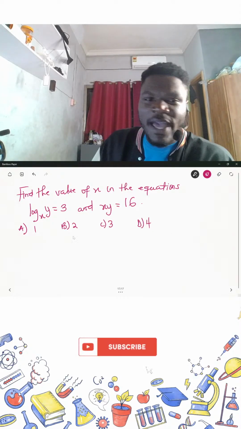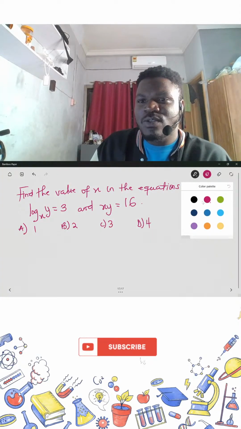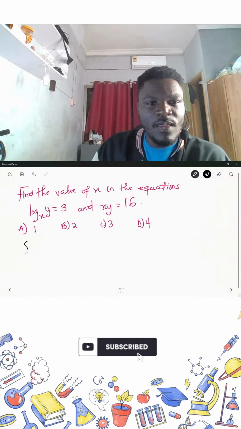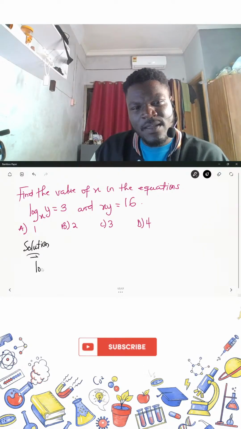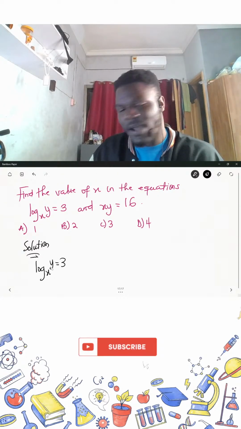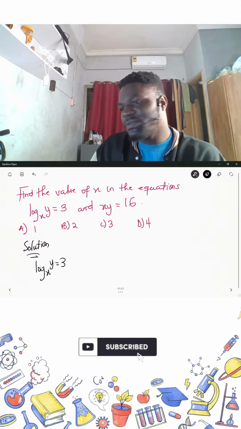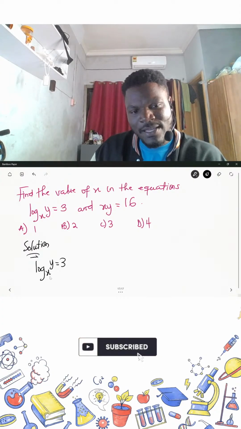Okay, so from here, I'll write down my solution. So the first thing I have here is log base x y is equal to 3, right? Now this I can easily get rid of the log by sending the x to raise this as the power.